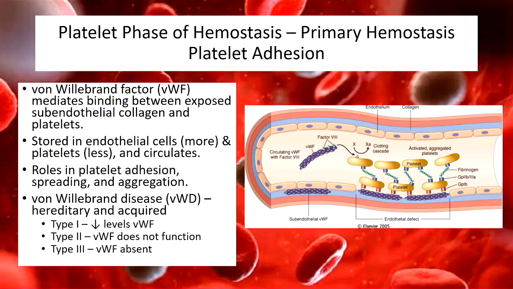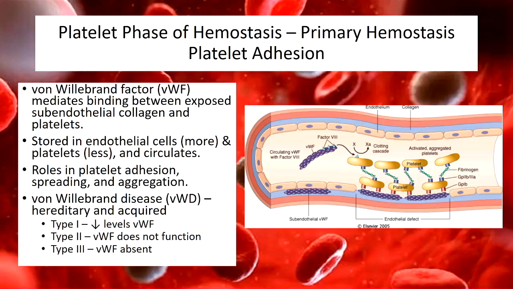First thing I wanted to touch on is there's a disorder called von Willebrand disease. All right, Dobermans, if I recall, tend to get that. There's two forms: hereditary and acquired. I'm not here to lecture you on von Willebrand disease, so I'll make it short. Type 1 is you have decreased levels of von Willebrand factor.